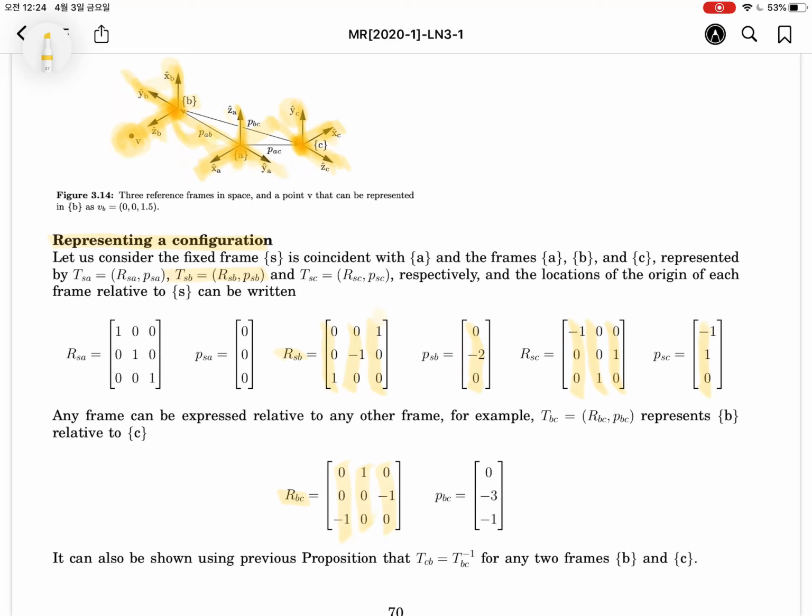Here is the minus Y direction, and then minus Z direction, minus 1. So 0, minus 3, minus 1. Like this, we can describe the origin or frame using another frame. On the other hand, TCB is equal to TBC inverse. Like this, we can exchange the coordinate frame.